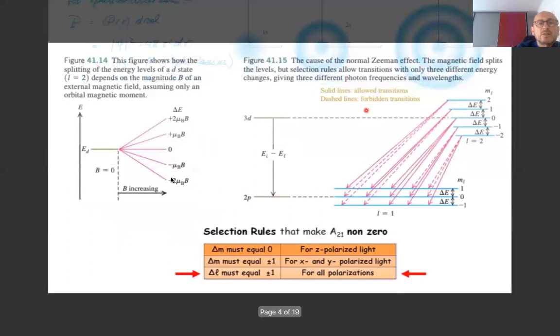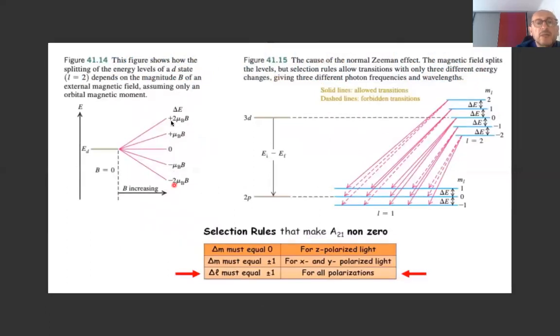This is the energy level of a D state when B is equal to 0. When B increases, this level can separate into the different components of angular momentum, okay?